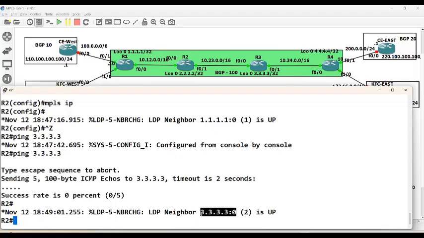Don't tell that story. In the real world, you will not have just R1, R2, R3, R4. You will definitely have multiple paths between R1 and R4. So it is always good practice to form loopback to loopback neighborship. And that loopback is also taken by MPLS and OSPF as the router ID. This all should match.